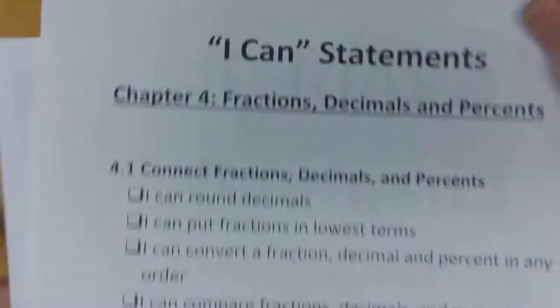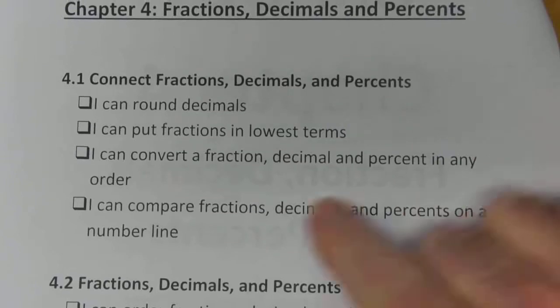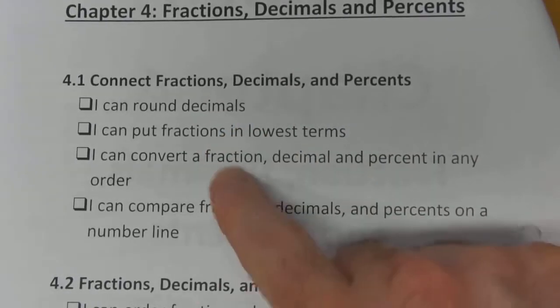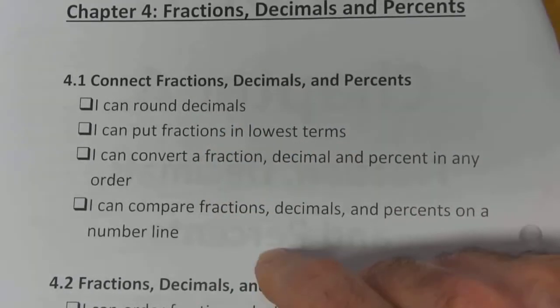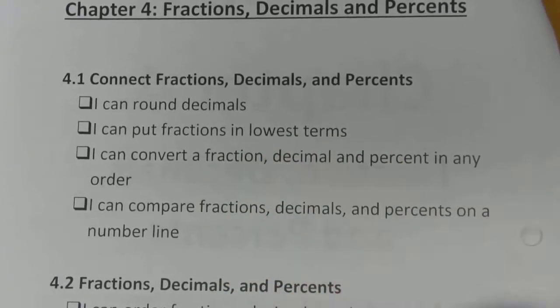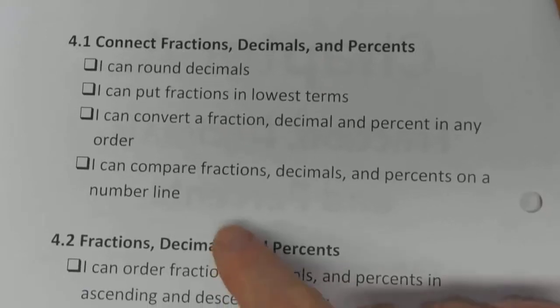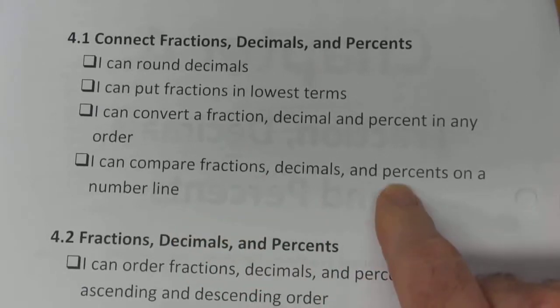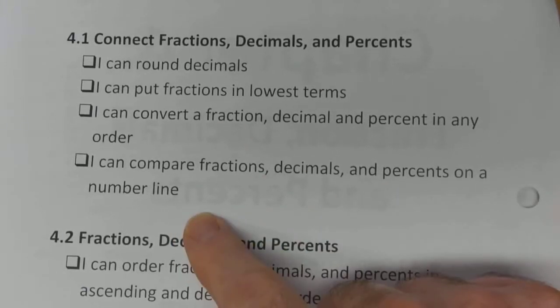Turn the page, and we've got our I can statements. So today, we should be able to round decimals, put fractions into lowest terms, convert fractions, decimals, and percents in any order, so back and forth between the different types. And you need to be able to compare fractions, decimals, and percents on a number line.